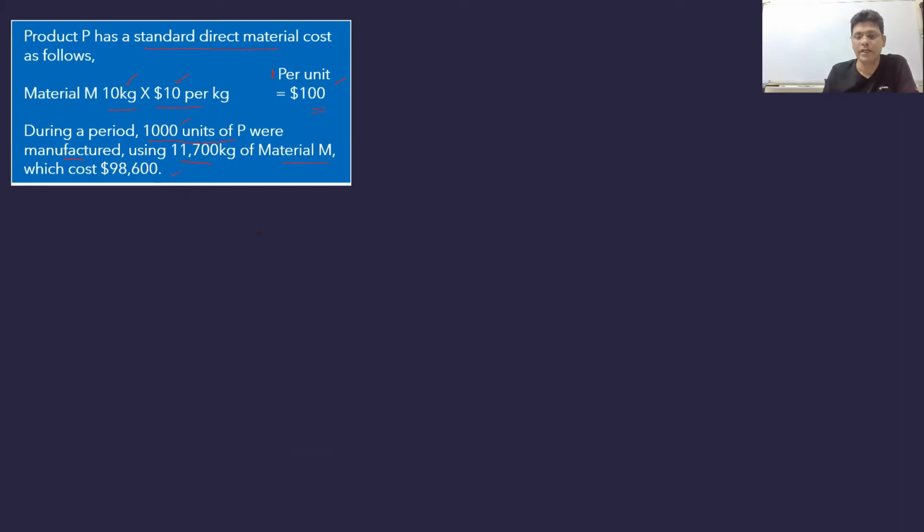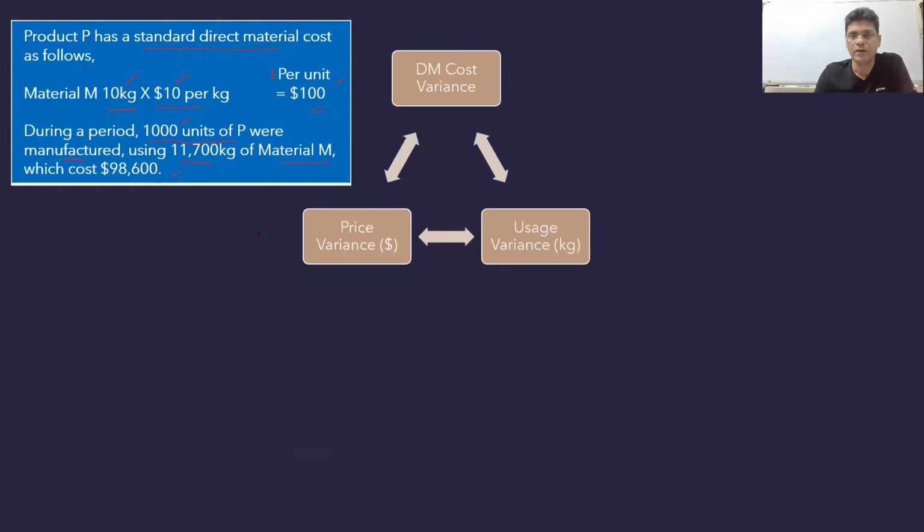Now, I told you the total direct material variance, or direct material cost variance, consists of two types of variances. What are those? Price and usage variances.